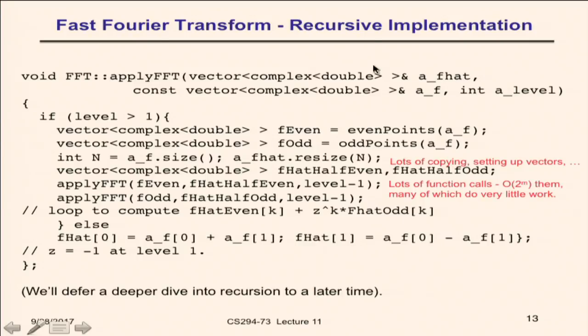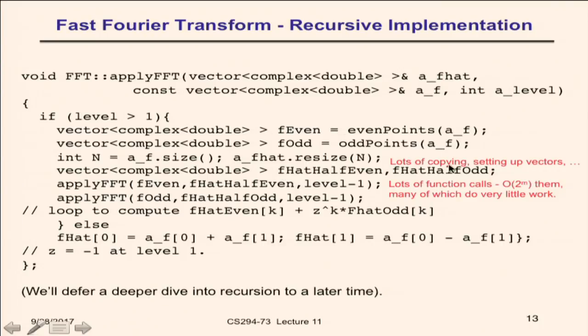So if level is greater than 1, then I construct the even and odd guys, and then set up the storage for the Fourier expansions for the even and odd guys.